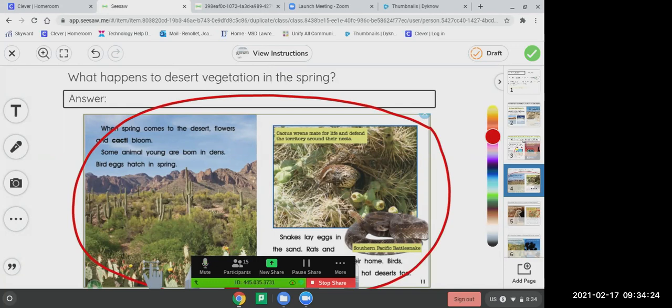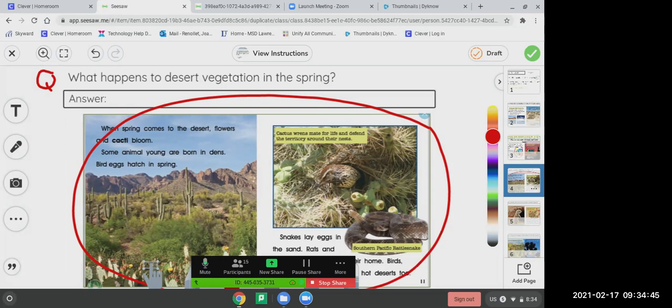And there is a question at the top. In your breakout room, I want you to read this text, take a look at our cool text features, read the question, and start looking for your evidence.